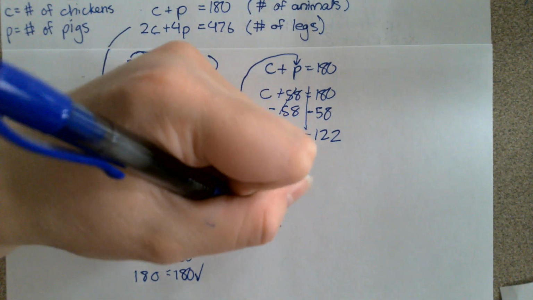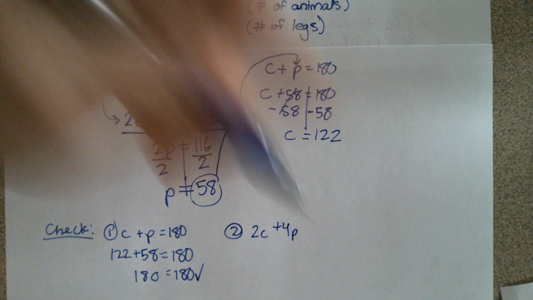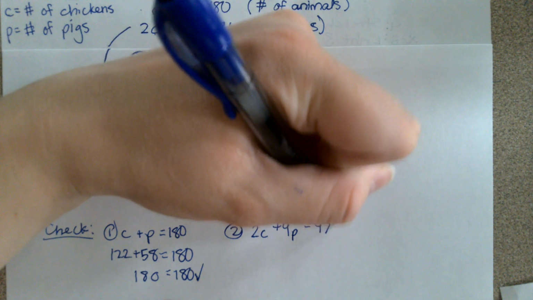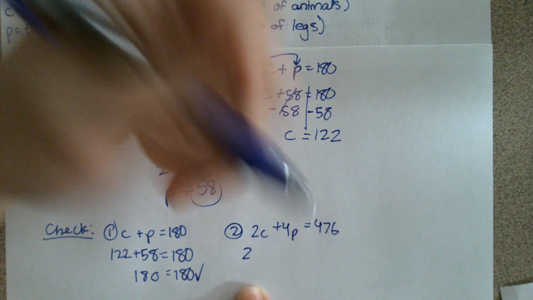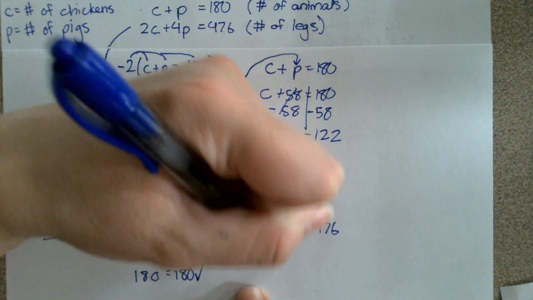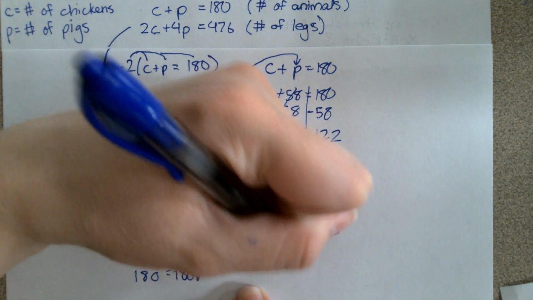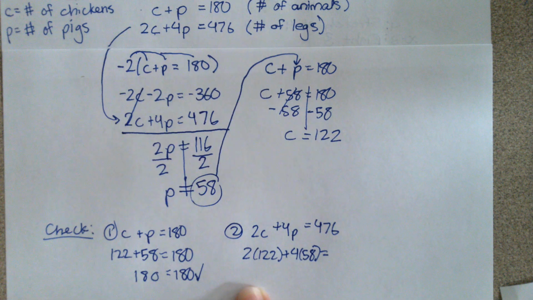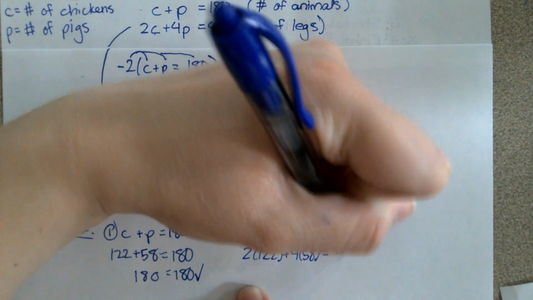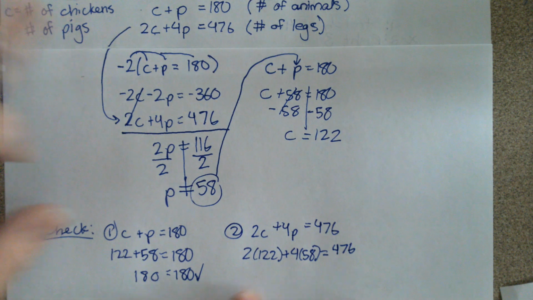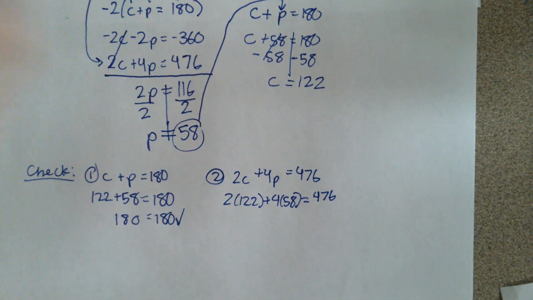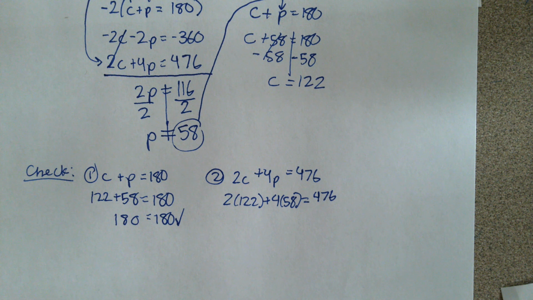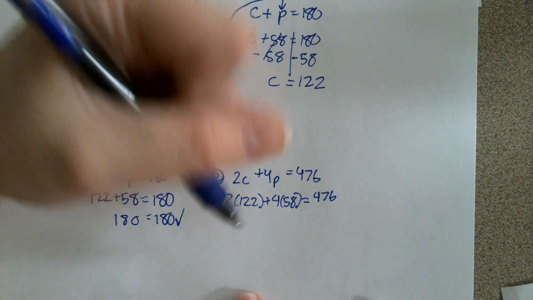Let's check the second equation. 2C plus 4P equals 476. Plugging in, we have 2 times C, 122, plus 4 times P, 58, equals 476. And then I just simplify. 2 times 122, that's 244.